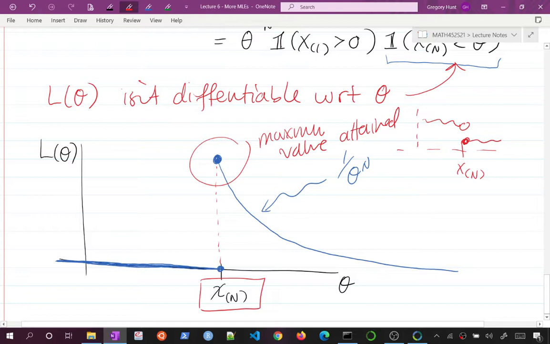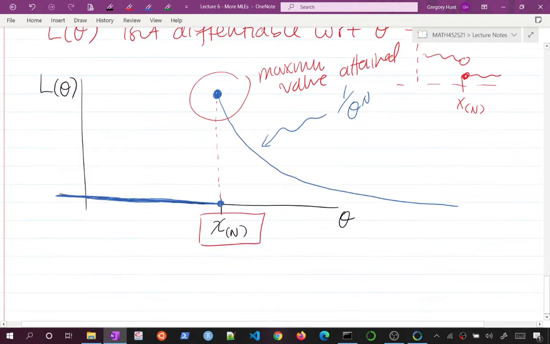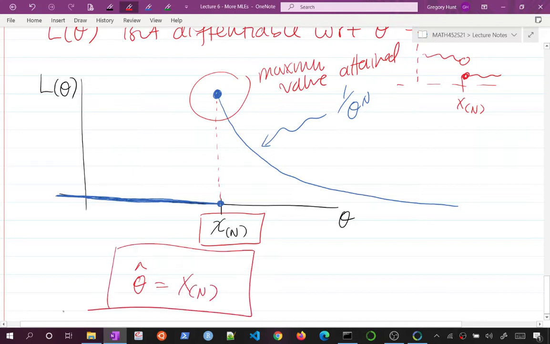So if I were to plug my maximum into my likelihood function, I would get this point, and that would be the maximum likelihood estimator. What that says is theta hat is my maximum.